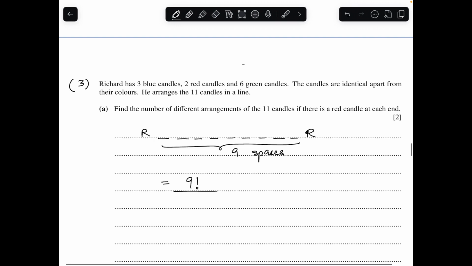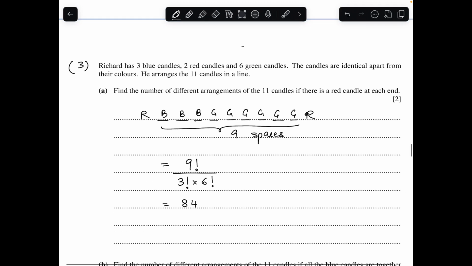Now again, there are 3 blue candles, there are 6 green candles, and they are identical apart from the color. So these candles are identical, so it's repetition. So divide by 3 factorial times 6 factorial, so that will give you 84. So 11 candles can be arranged in 84 ways if there is a red candle on either end.